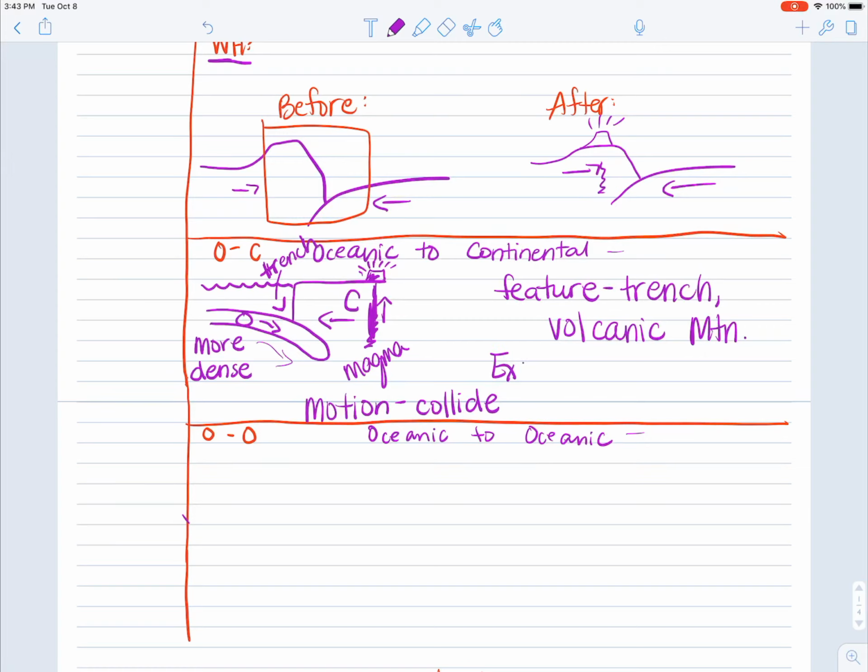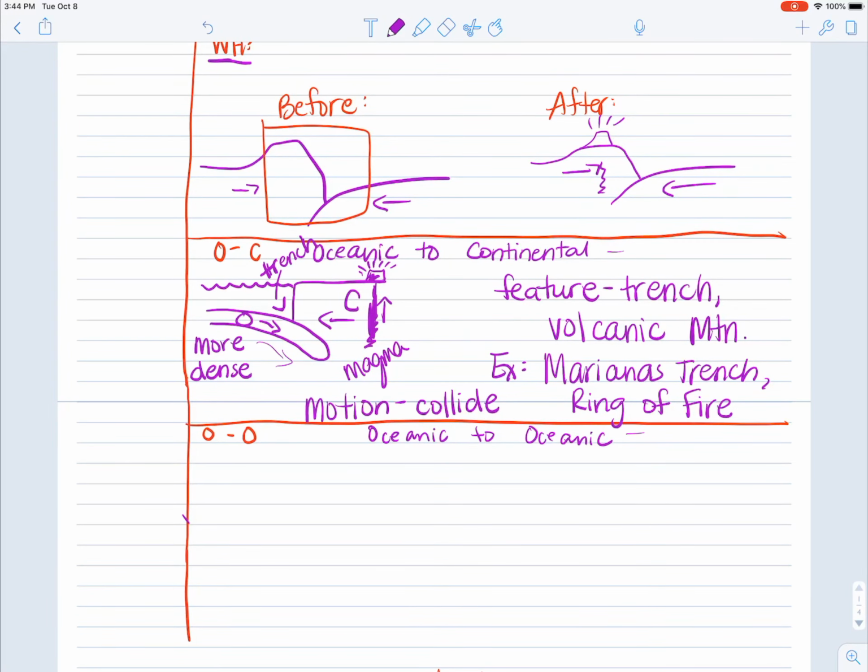The real world example of this is going to be the Marianas Trench. And the Ring of Fire. So the Ring of Fire is a circular ring around the planet around a boundary type that you have some of the most active volcanoes that are there.